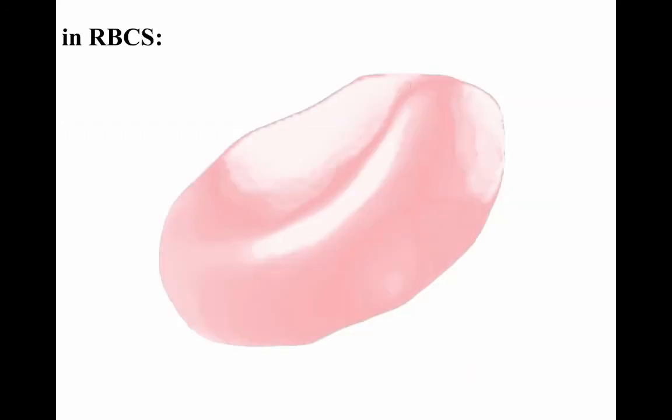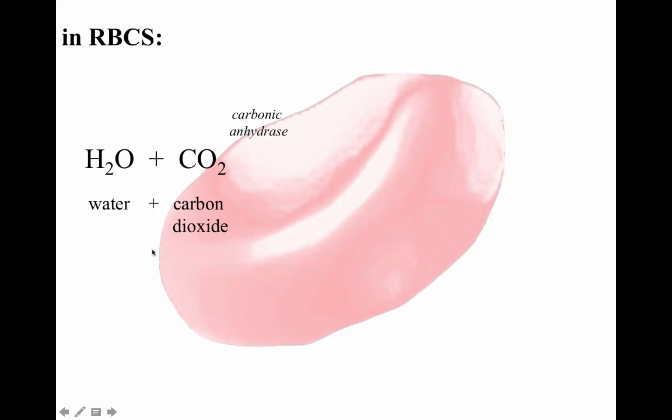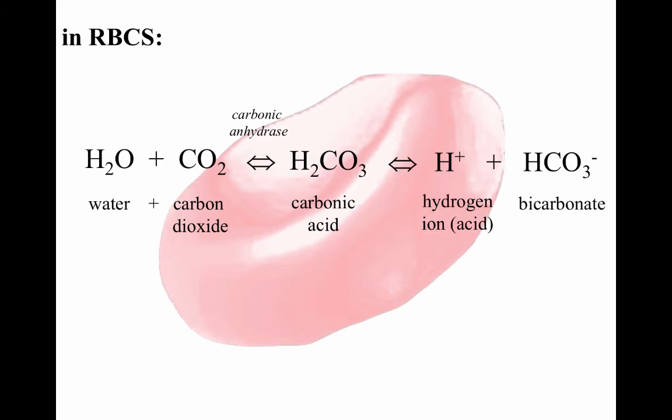In red blood cells, we see that water and carbon dioxide are constantly moving along and coming together with carbonic anhydrase to form carbonic acid. And then we also see hydrogen pulling off of carbonic acid and giving us bicarbonate.